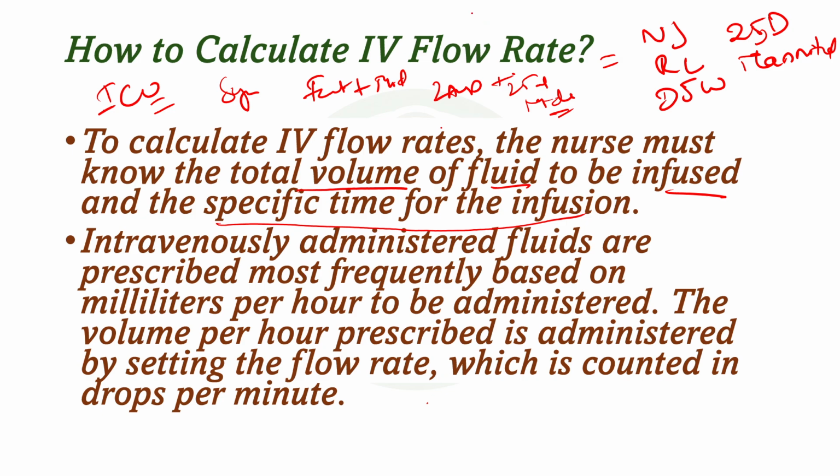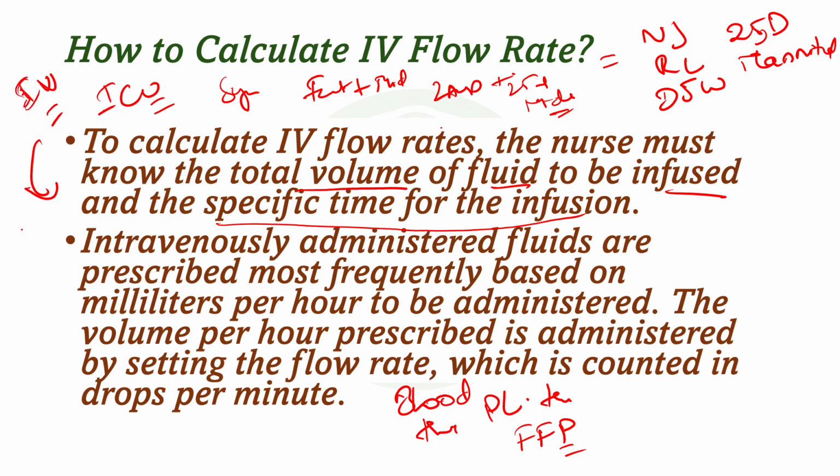Or sometimes in fluids we also give blood transfusion, platelet transfusion, fresh frozen plasma transfusion or plasma transfusion. All these come under IV fluid transfusion, and it has to be calculated and given to the patient. A few medications we can just dilute and give, right?